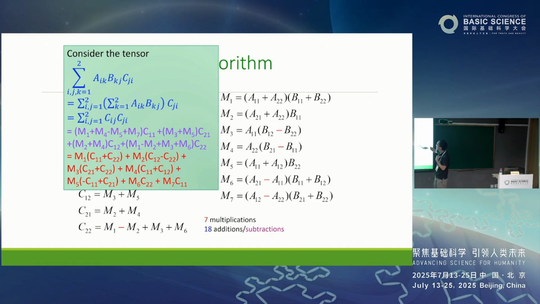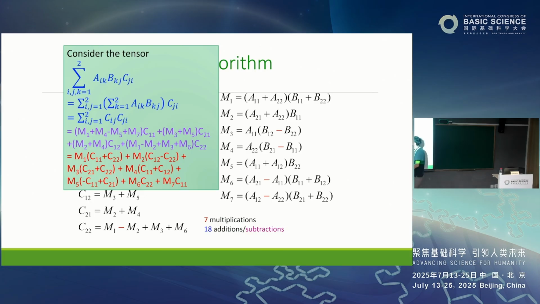Consider this tensor. This is the sum over i, j, k from 1 to 2 of a_ik times b_kj times c_ji. Then it can be written like this.